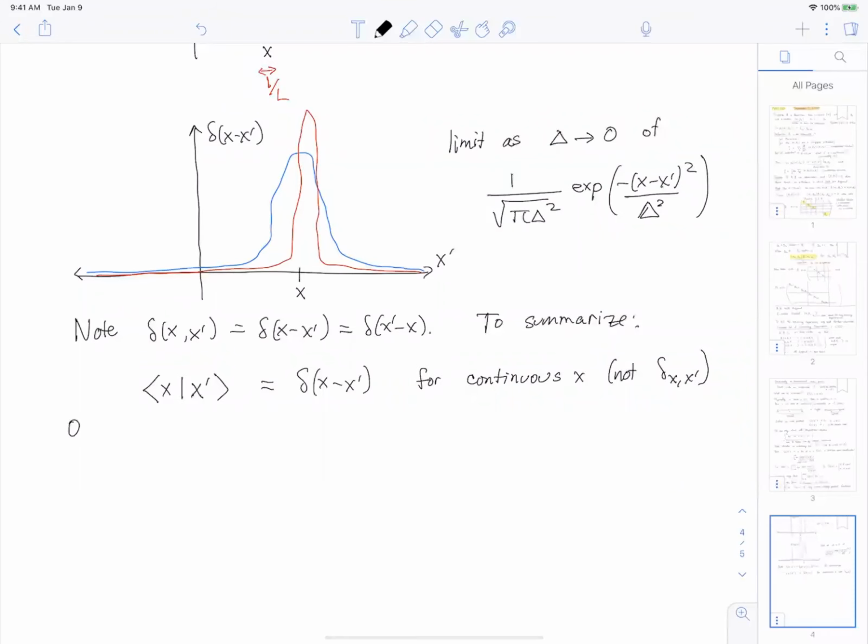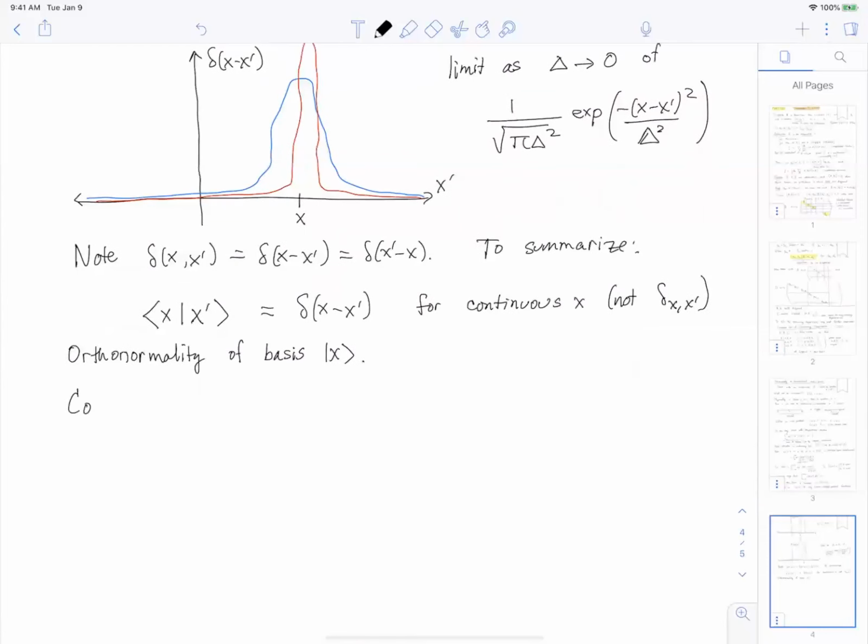And then the way the orthonormality works, orthonormality, is this. This is the orthonormality of our basis x.